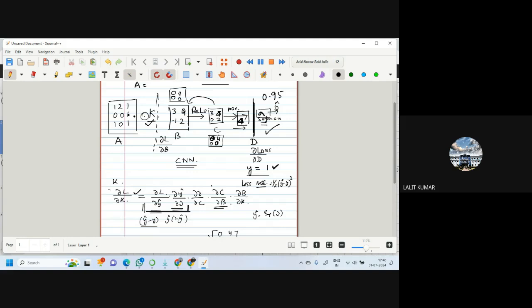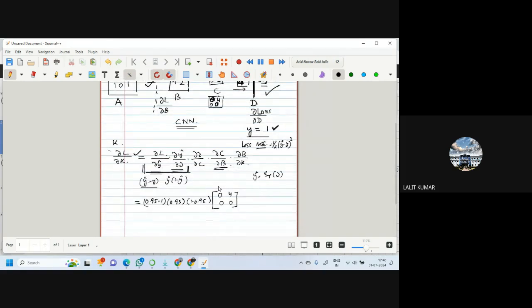So only this neuron is contributing to the loss, and this last part, del B by del K, is nothing but A. So you will get something like A, and for example, this number becomes a very small number, 0.04 if I am not wrong, 0.04 into 4, so 0, 0, 0.16 is this figure.